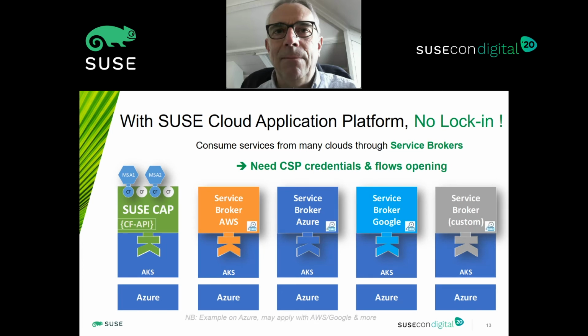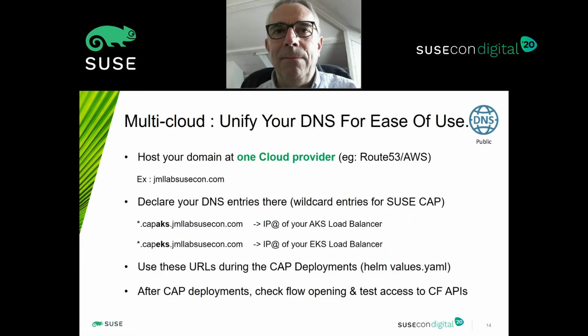Let's now study how to manage multi-cloud deployment. In the first point, you need to have, for example, a centralized routing mechanism or DNS mechanism. And here we can use as an example Route 53 from AWS, that is a DNS service. And this DNS service can be shared among various deployments. It can be some AKS or EKS load balancers that could be directly routed through the same DNS.